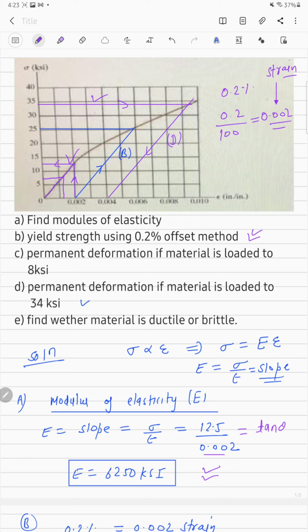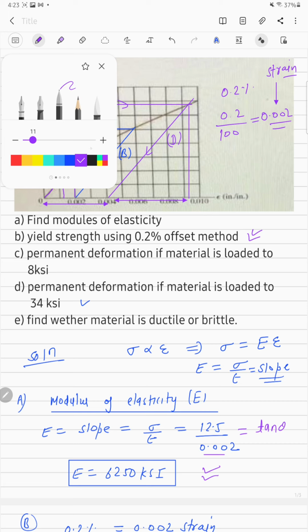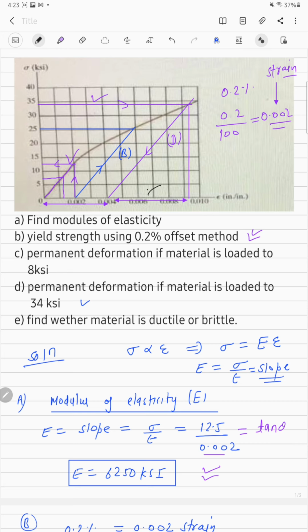That will be our permanent deformation, this one. And this one will be the elastic recovery. This is a very important concept. This is the elastic recovery, and this one the permanent deformation.